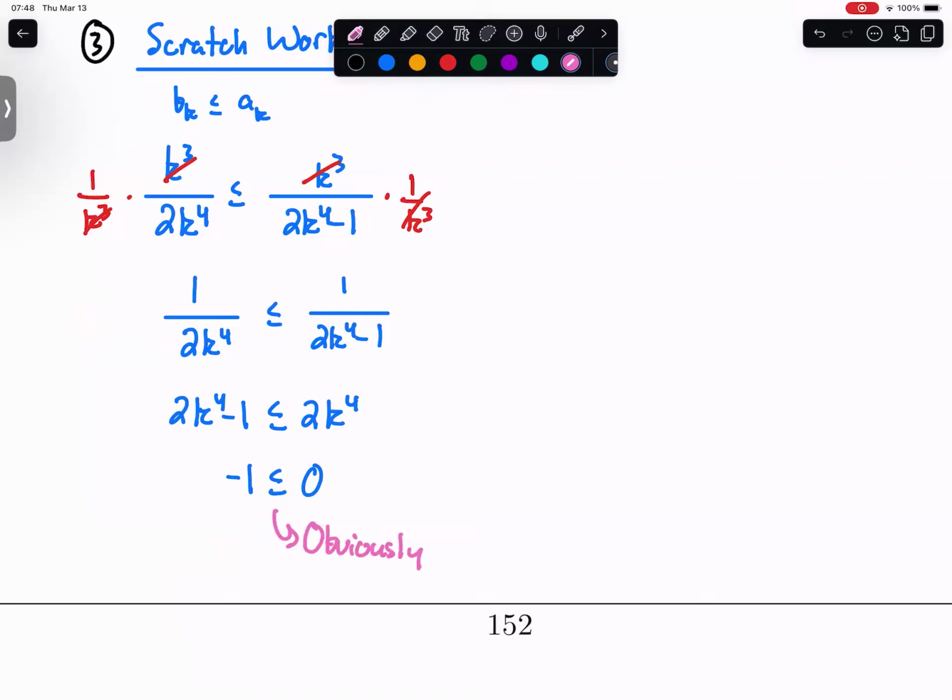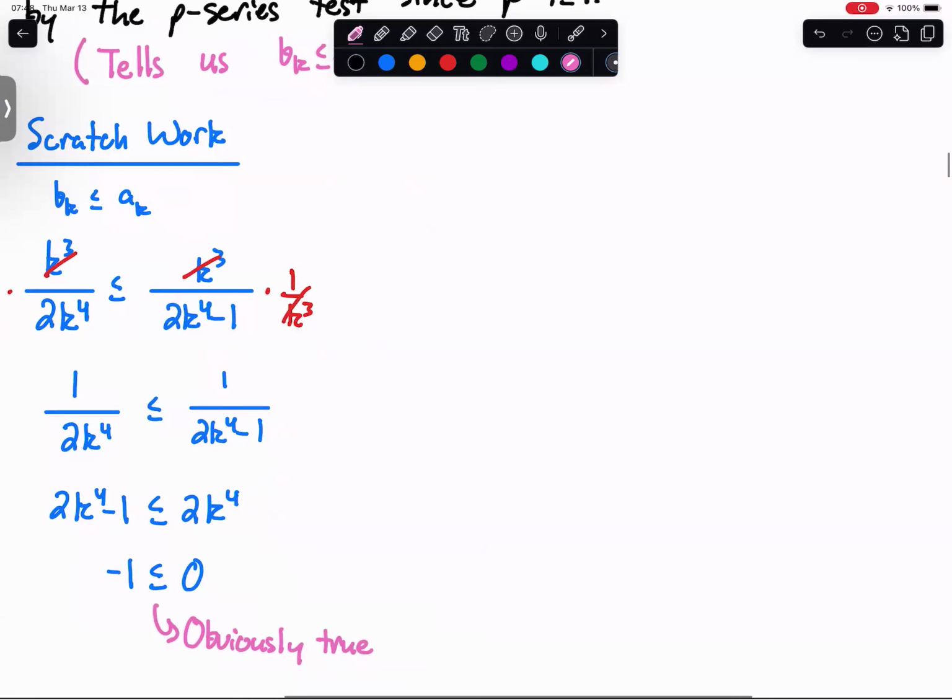This is definitely an obviously true inequality. -1 is definitely smaller than 0, so it's definitely less than or equal to 0. That means for that scratch work, we have a starting point for our actual work. So let's go ahead and do that.